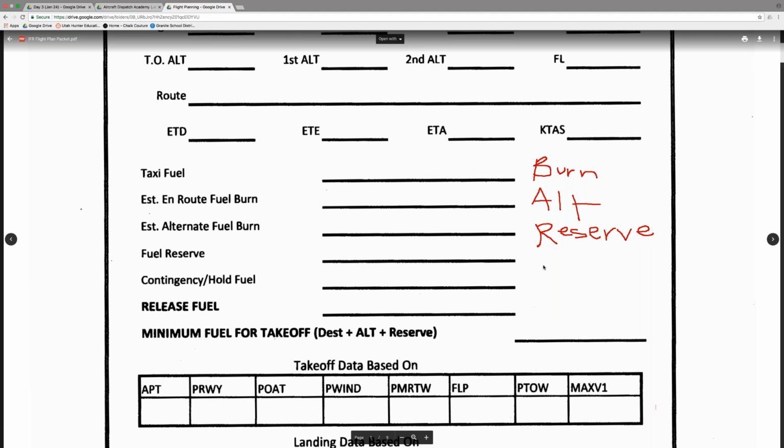And that's just extra required fuel that's going to have to be on board the aircraft before the aircraft can take off. Okay. So all of these make our release fuel.